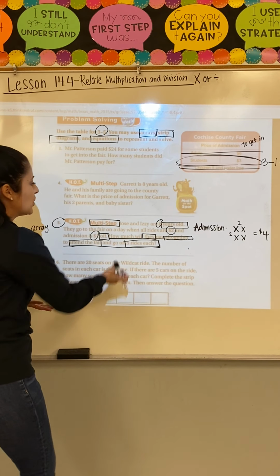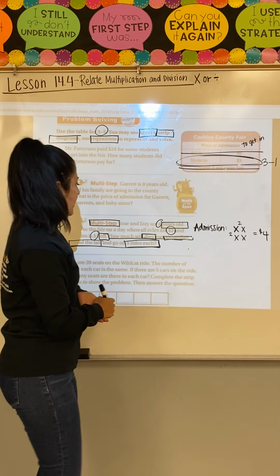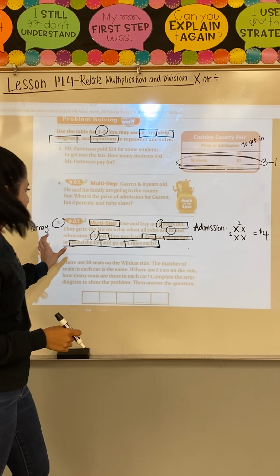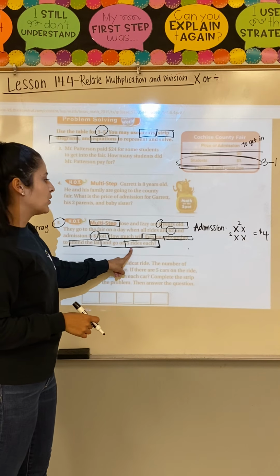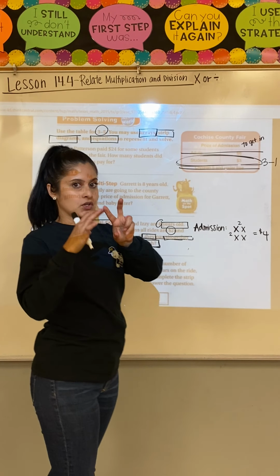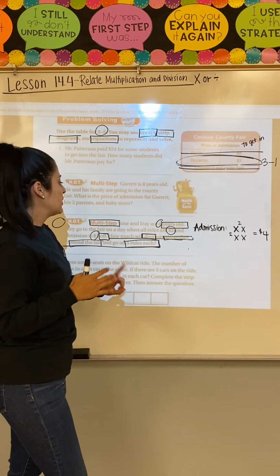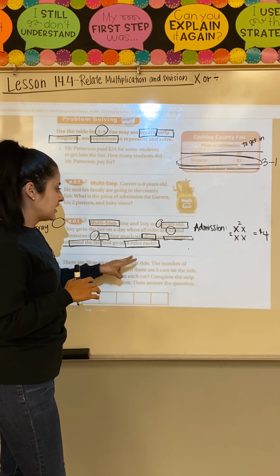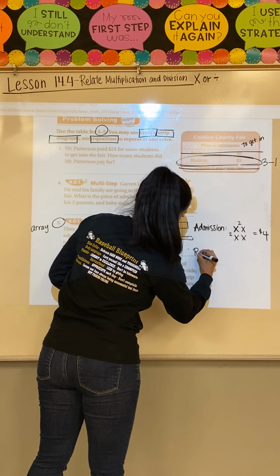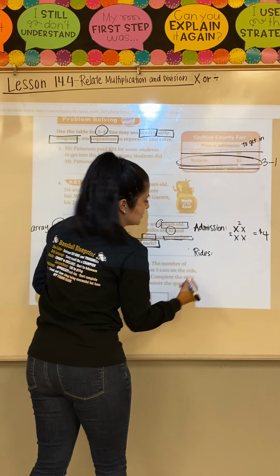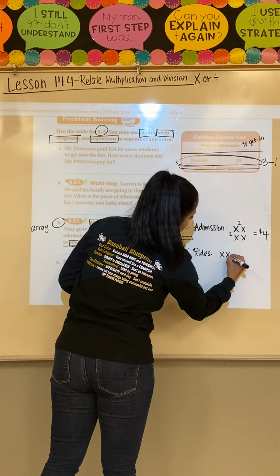But we also want to know about the rides. Now, let's show that in an array also, or we could do a strip diagram. Now, what do we know about rides? Well, we know that there's Jose and Izzy. We know that they do 5 rides each. Okay, Jose is going to do 5 rides.